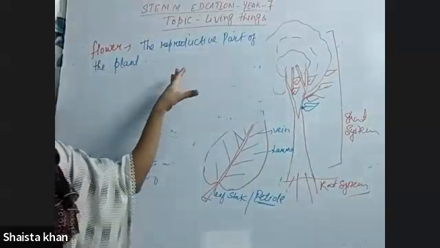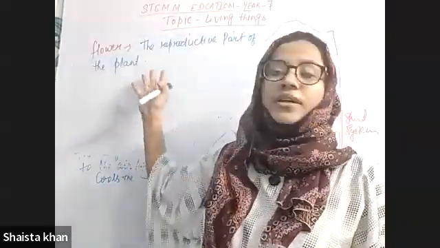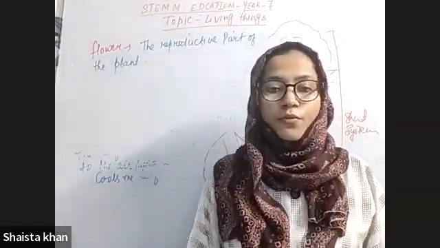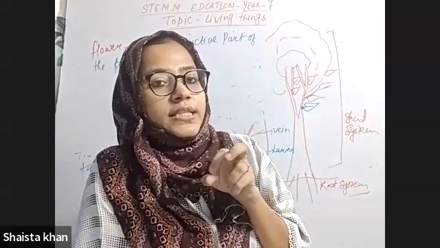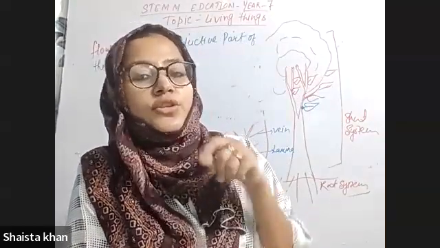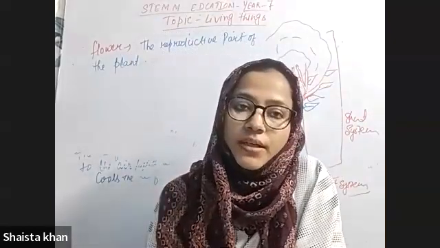The most important thing is that the flower is the reproductive part of the plant from where fruit is grown, in which seed is grown, and you can use the seed to grow a new plant. So these are the parts of the plant.